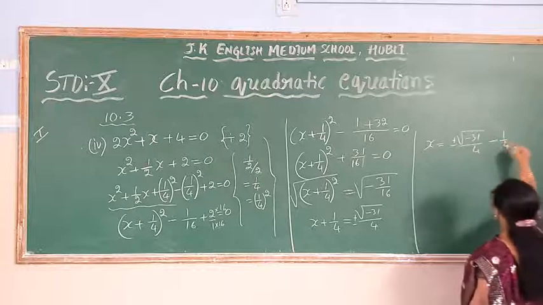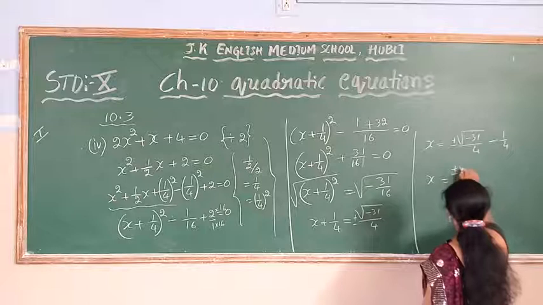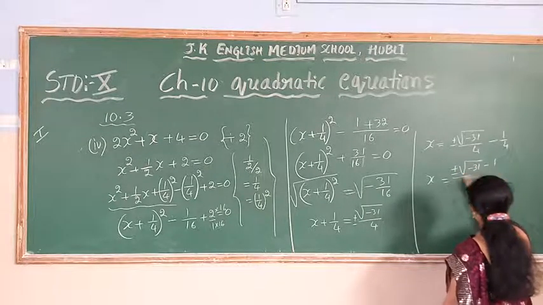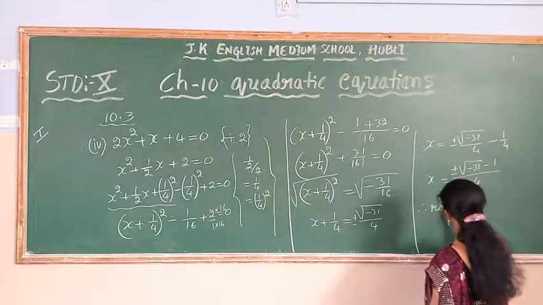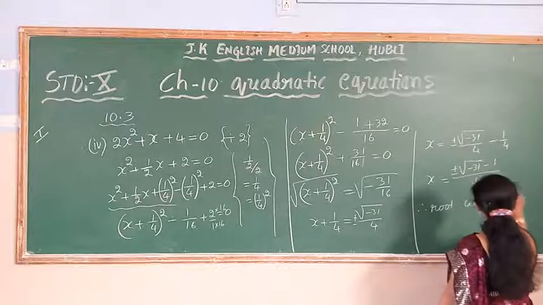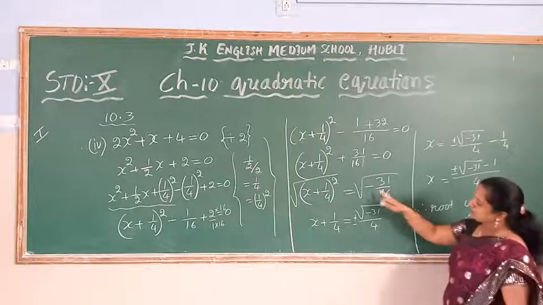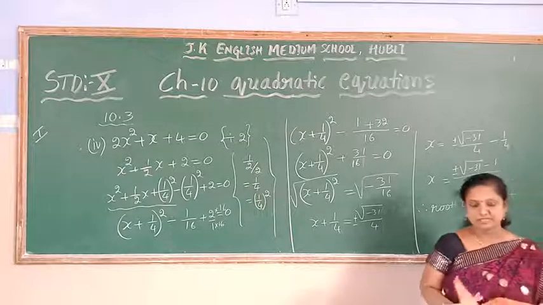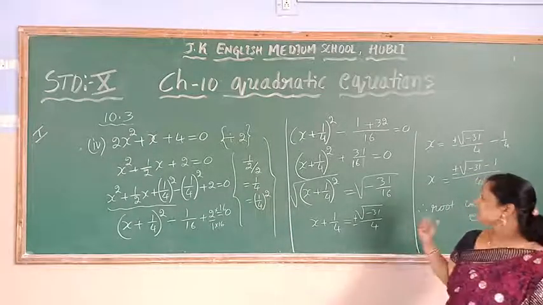The square root of a negative number means the real root will not exist, because the negative sign comes under the square root. We cannot find the square root of a negative number. So real root will not exist.